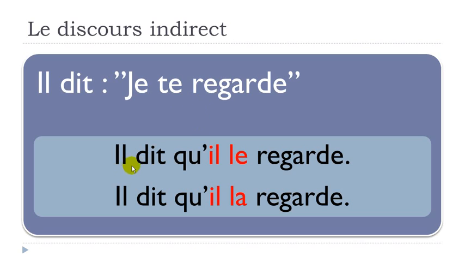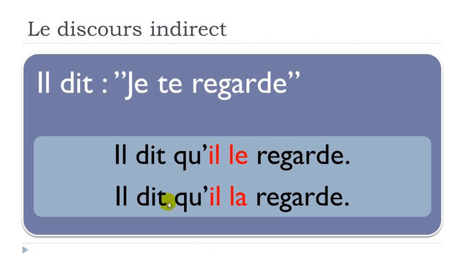The first one, il dit qu'il, okay, so this il is the je that you modify according to il here, so it must be the same. And then it can be le if the person is masculine, so if he's looking at another person who is a man or a boy, in that case it should be le. Il le regarde.